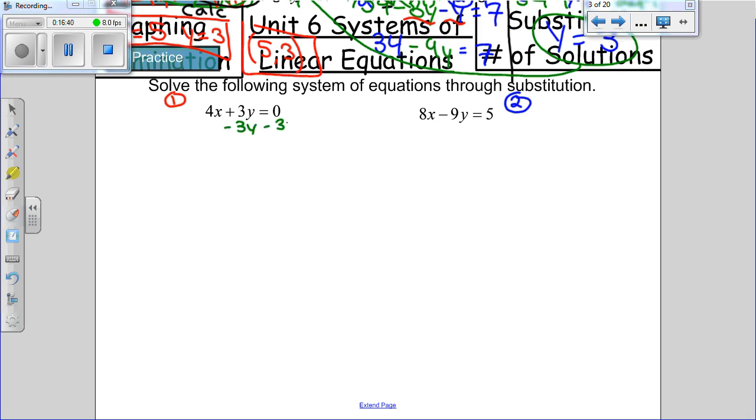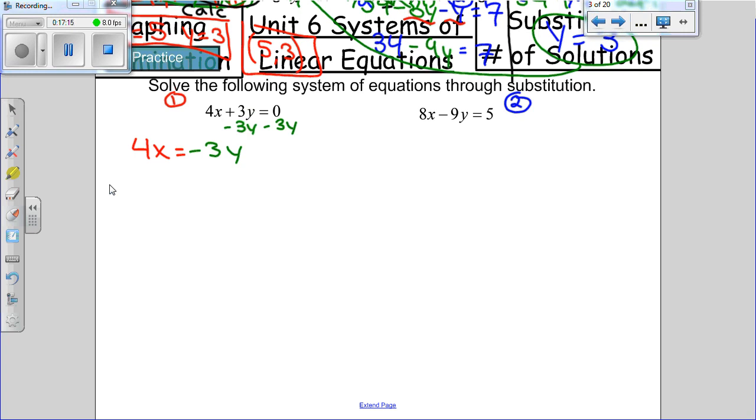That'll give me 4x equals negative 3y. I don't quite have x by itself yet. What do I have to do to get x completely by itself? Divide by 4. Awesome. A number by the x means it's multiplying. You always do opposite operations to get something by itself. Divide by 4.